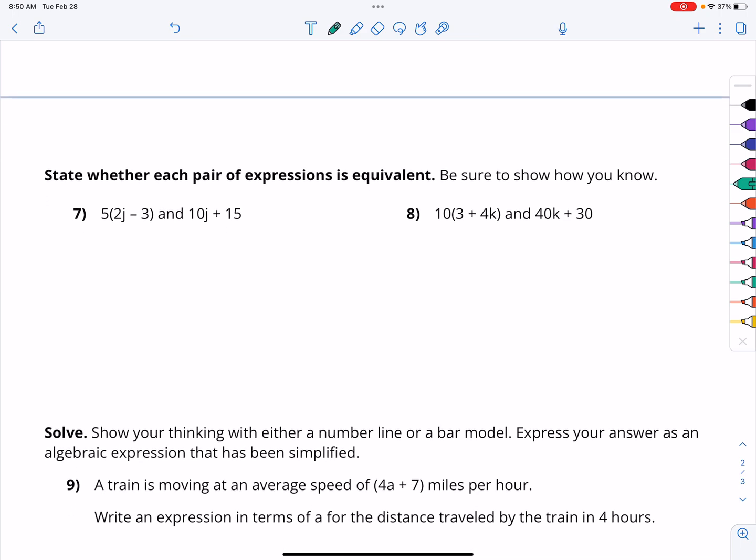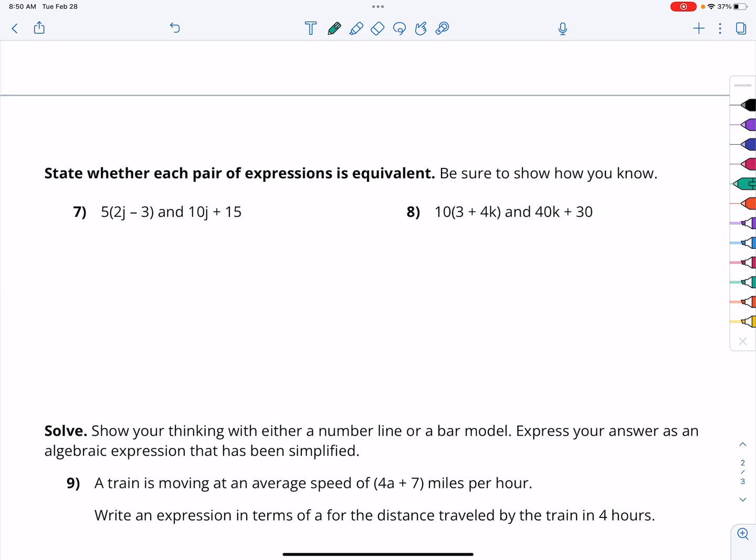So we need to decide whether each of these expressions is equivalent. Be sure to show how you know. So a yes or a no on this is insufficient. It looks like we have one expression that is not expanded, and then this one is expanded. So I'm going to take a moment to expand this first expression by distributing that 5 to both terms. 5 times 2j minus 5 groups of 3.